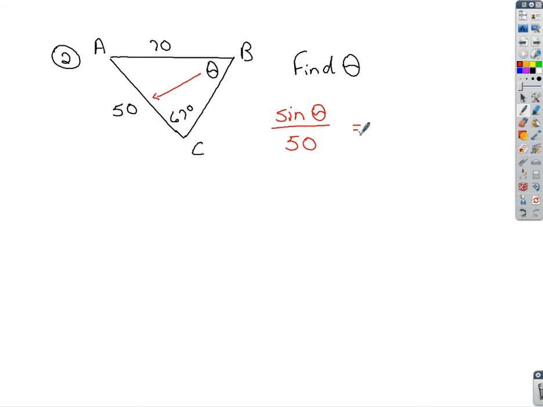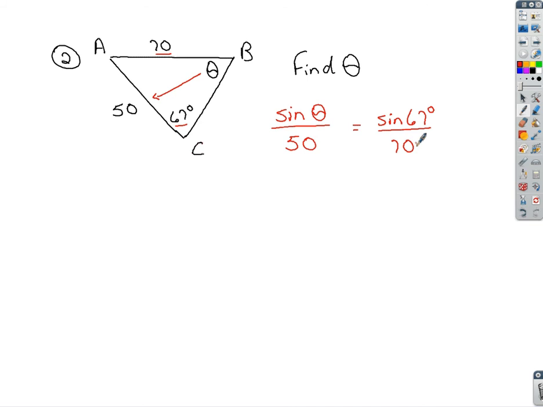Just as we did before, I'm going to set that equal to a ratio where I know all the values involved. It would make sense on this one that I compare the c's, right? I know angle C is 67, and I put that over its opposite side measure, which is 70.